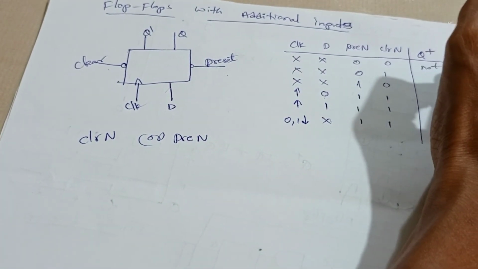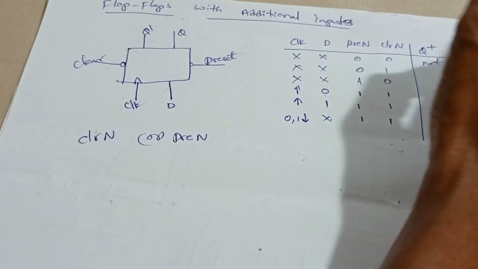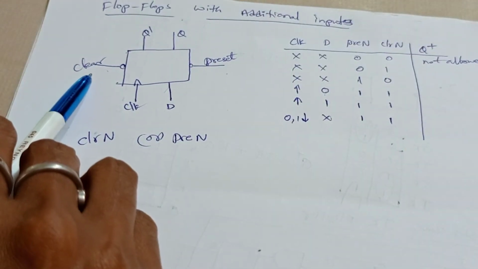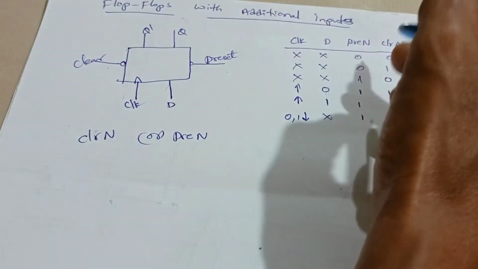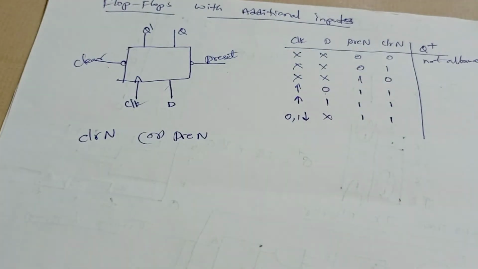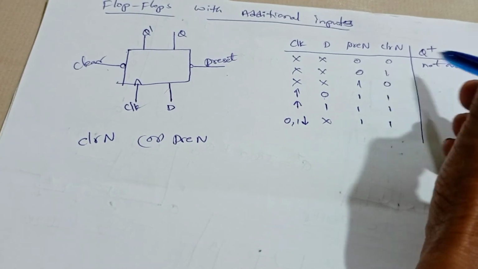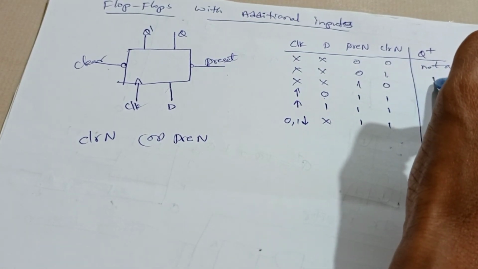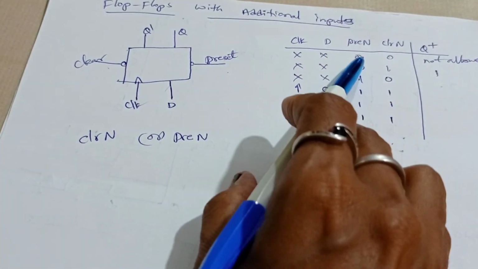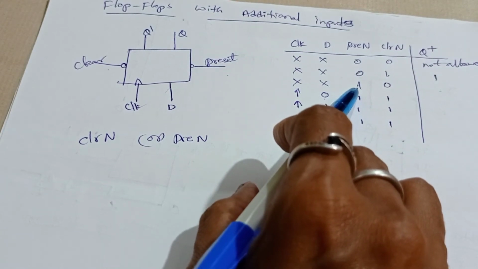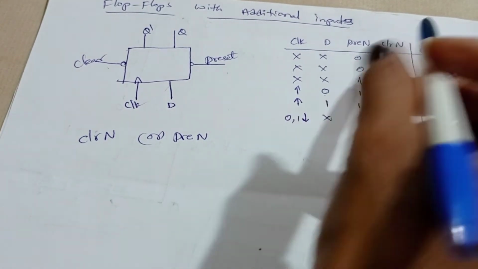This condition is not allowed. When clear is 0, that means the flip-flop is cleared. That is, what is that? 1. Okay, so cleared. When preset is 1, that means it is 0.